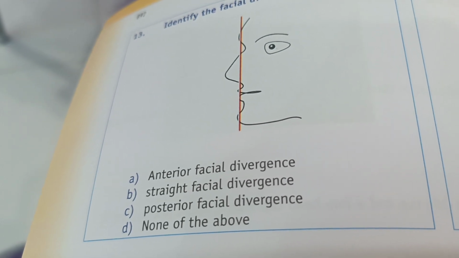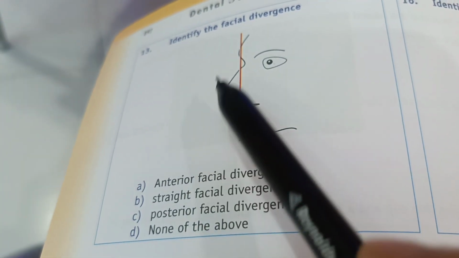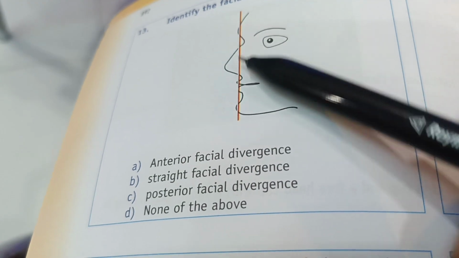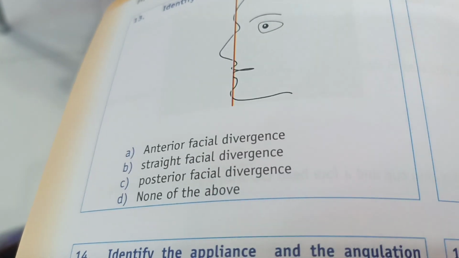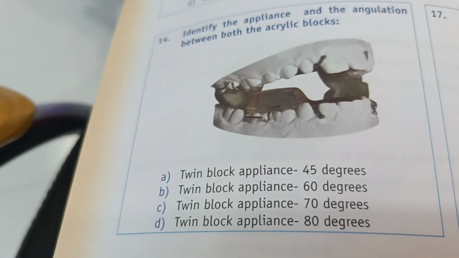Option B is the right answer, because anteriorly the line would go like this, posteriorly it would go like this, and here it goes in a straight way. So the right answer is option B, straight facial divergence. Now come to the next question.